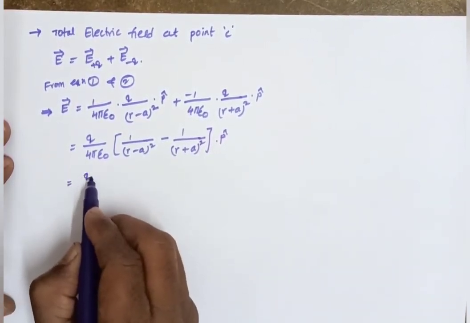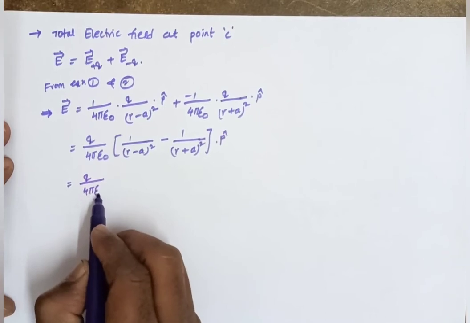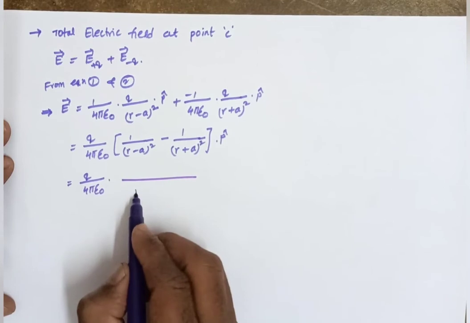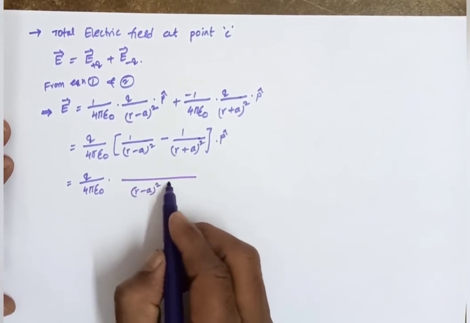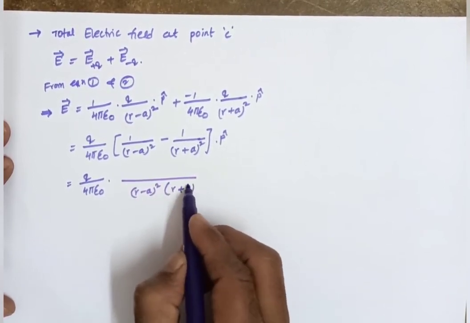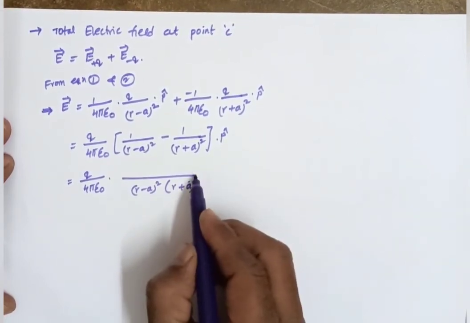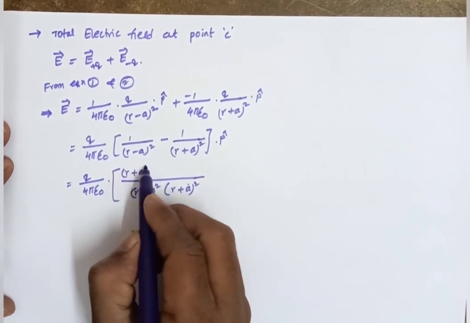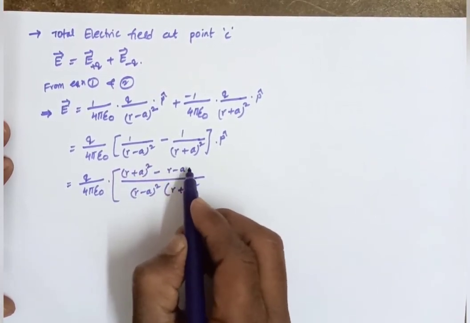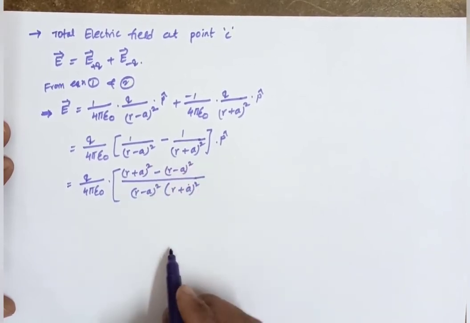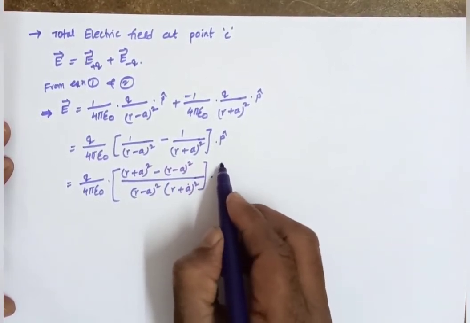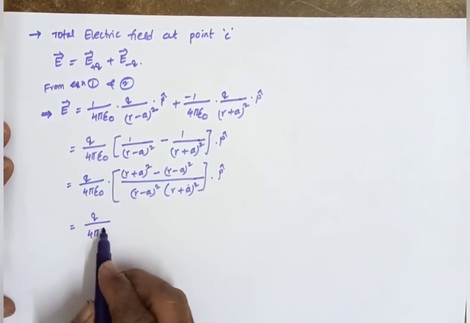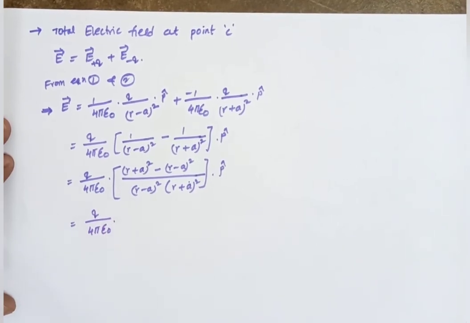That equals Q by 4 pi epsilon naught into, so the LCM is R minus A whole square into R plus A whole square. Now the numerator remaining is R plus A whole square minus R minus A whole square, into P cap.